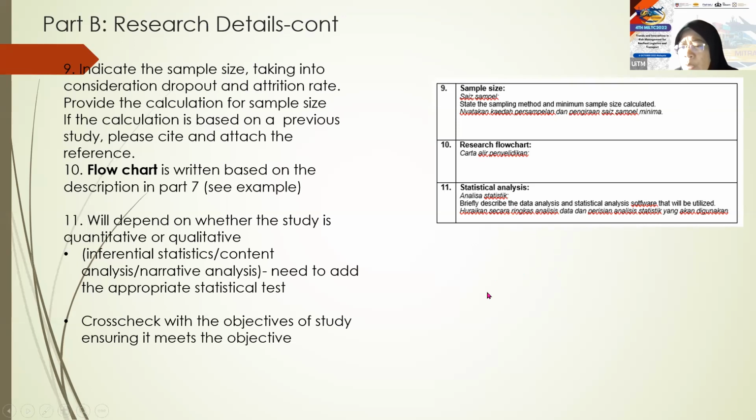For example, in order to achieve objective number 3, you will do comparative analysis, so you write that in this statistical analysis. In section 7 just now, you described the methodology, how you are going to collect the data, and then you simplify it in your research flow chart. But whatever your method of analysis, you put that in section 11 here under statistical analysis.